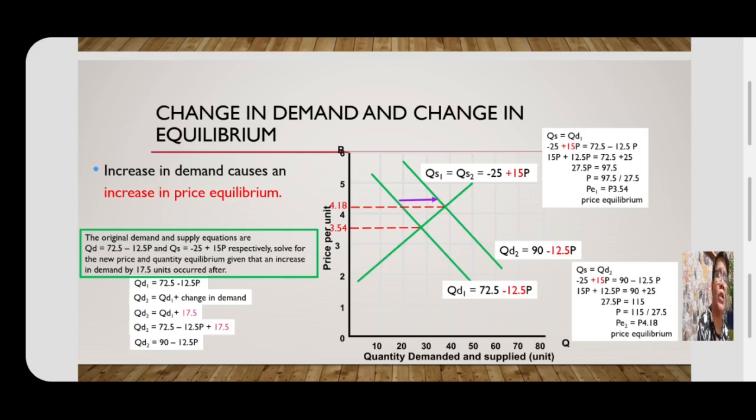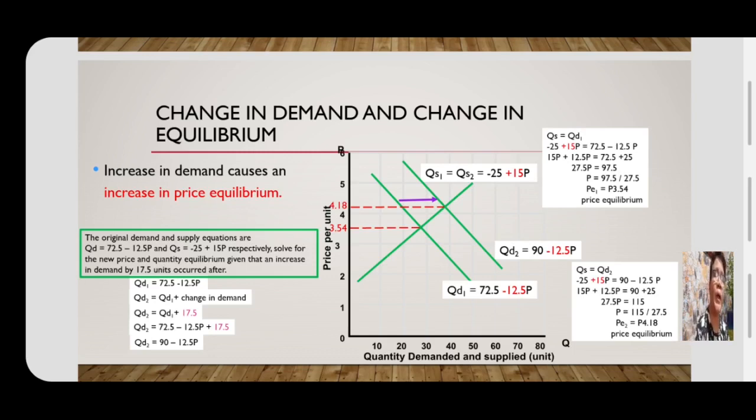So our original price equilibrium now is 3.54. Now, how about the new price equilibrium? The new price equilibrium can be solved by equating the new supply equation to the new demand equation. But because there is no shift in supply, meaning the supply is constant, the original supply equation will also be the new supply equation.